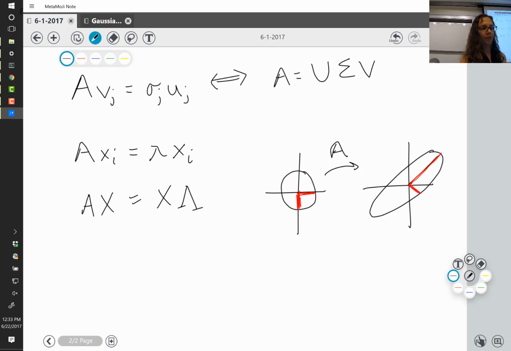Yeah, because sigma is just a scalar. So you're just putting those on the diagonal of your big sigma, or sorry, big lambda. And this should look familiar: this is what it means for A and lambda to be similar. We have this change of basis, and that's what the eigendecomposition is doing.